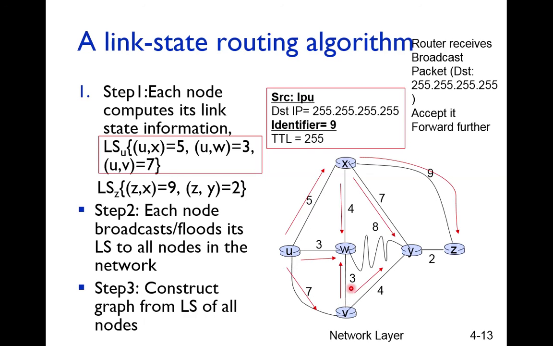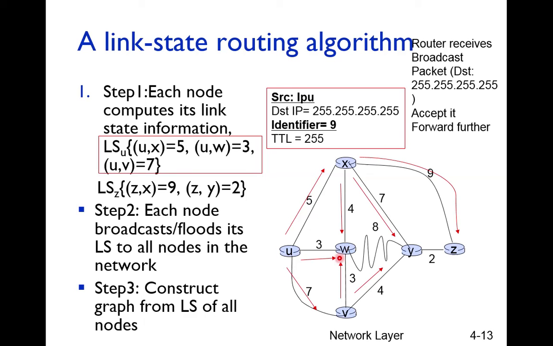So you can see that V node forwards to W. It will not forward to U. Why? Because we have received it from U, so it will not forward to U, but it will forward it to the rest of the neighbors, so it will be forwarded to W.